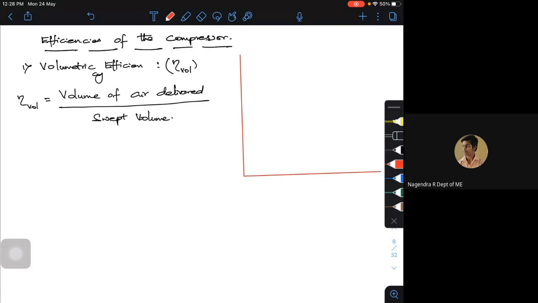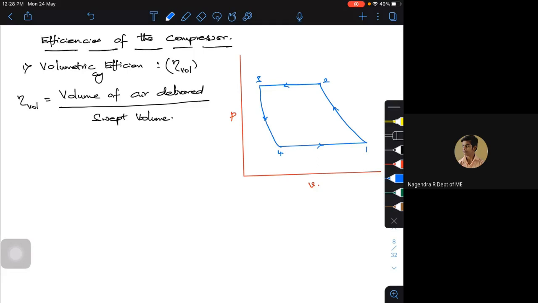Okay, so this is my pressure, volume, and this is from suction, that is at the inlet pressure. If I call this point 1, it's getting compressed to a particular point, pressure P2, then it's going to point 3, then there is a little bit of expansion.